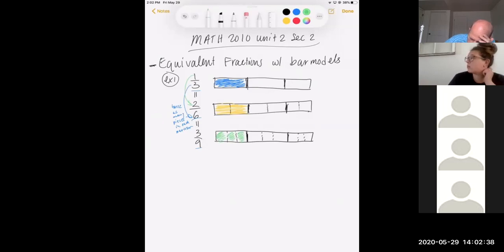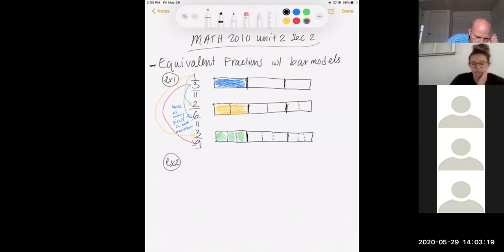So numerically, the 3 became a 9 because I took each of those thirds and partitioned them into thirds. So when you do that with each of those 3 thirds, you get 9 ninths now. And because of that, the one that I was highlighting has now been partitioned into 3 parts. Okay, everybody following okay?